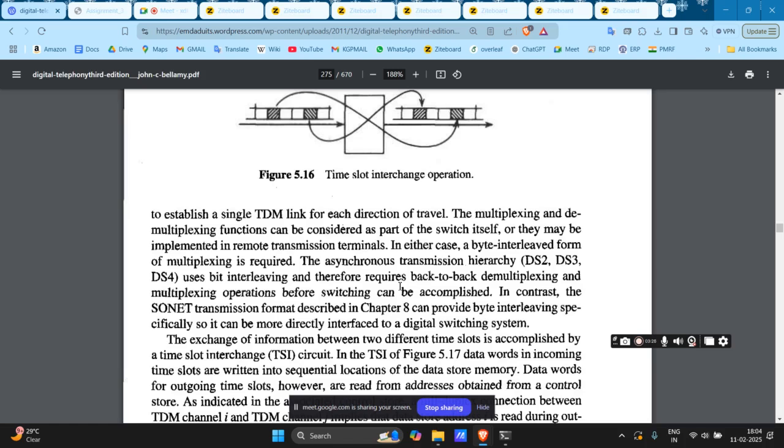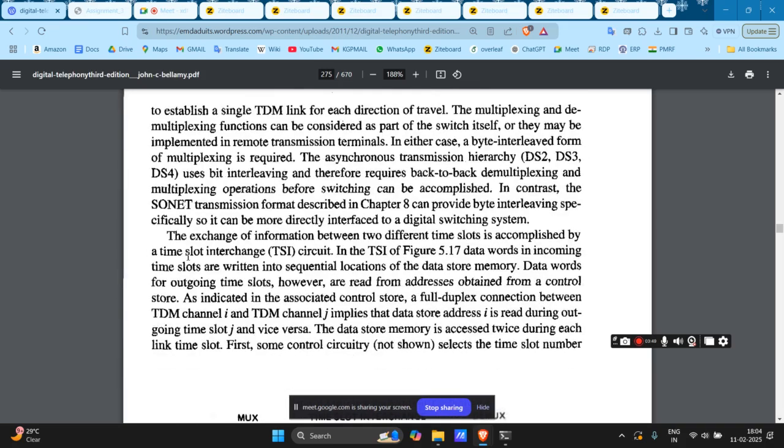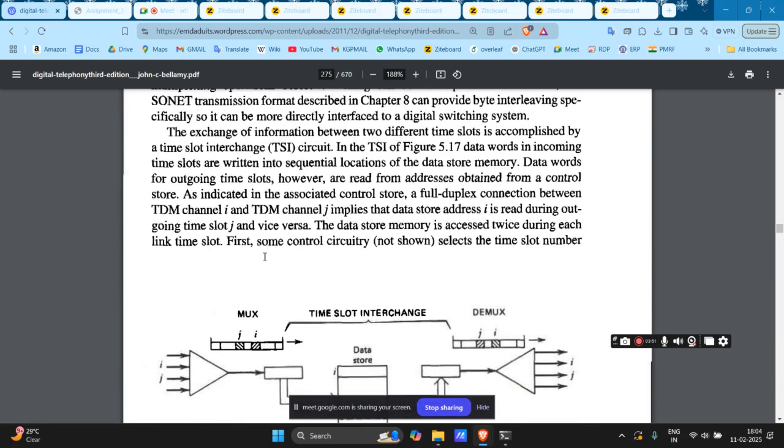In time slot interchange operation, if one frame's slot is transmitted, the next slot might not get transmitted immediately after; other frames might transmit. So in that time, the next slot of that frame has to wait, and when the time comes, the next slot will be transmitted.